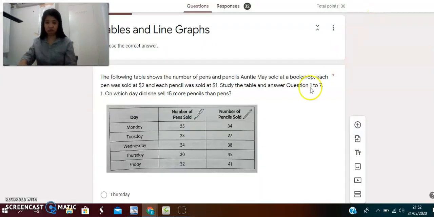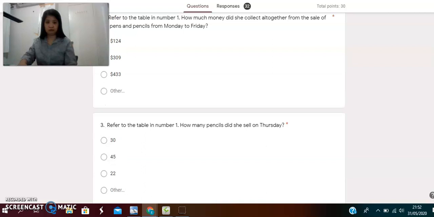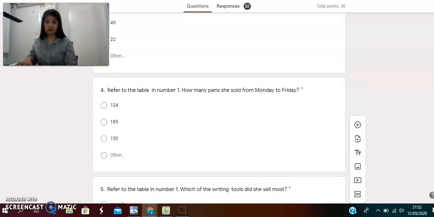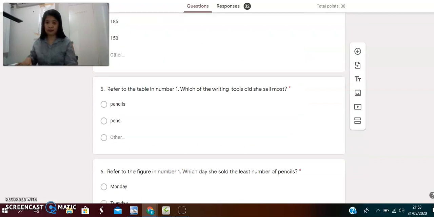Okay, next, for number 3. Refer to the table in number 1. How many pencils did she sell on Thursday? Very simple. We just look at the table. The answer is 45. Number 4. How many pens did she sell from Monday to Friday? So for the pens sold, you add all of them. You get 124. Number 5. Refer to the table in number 1. Which of the writing tools did she sell the most?